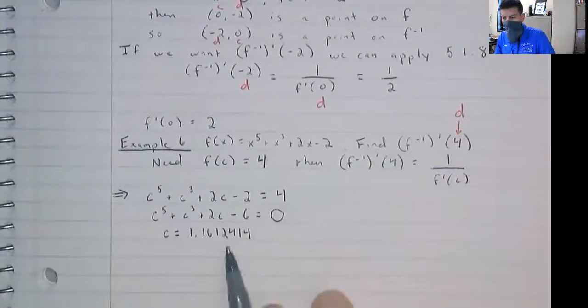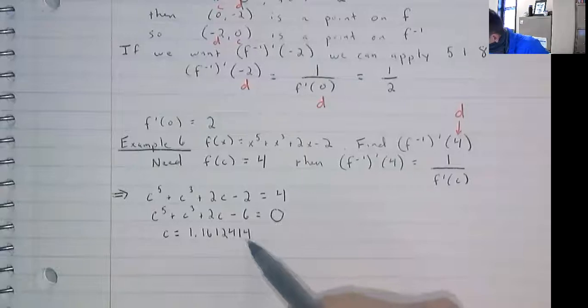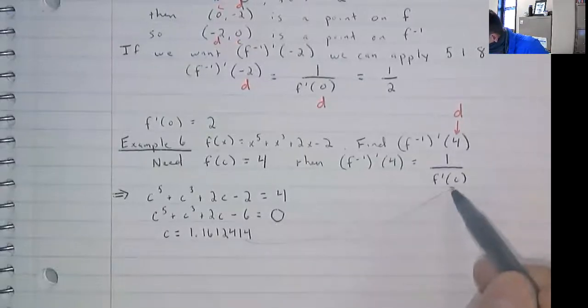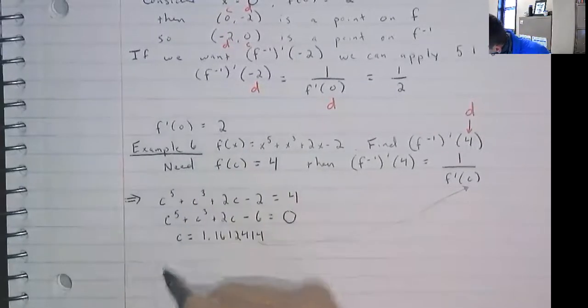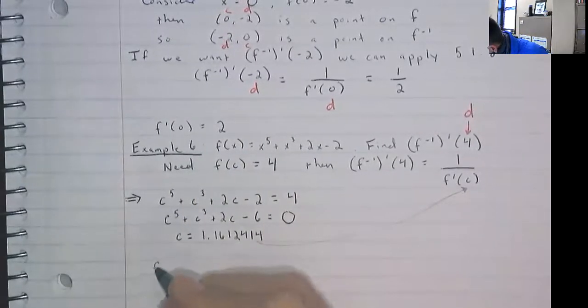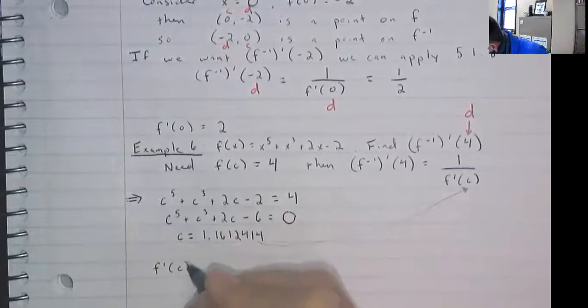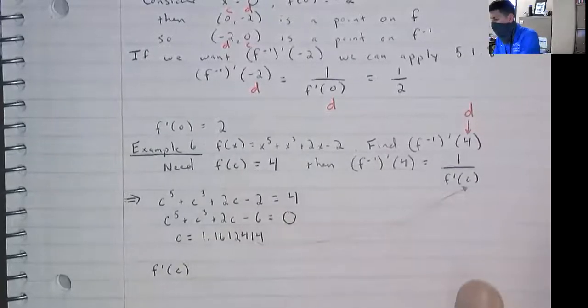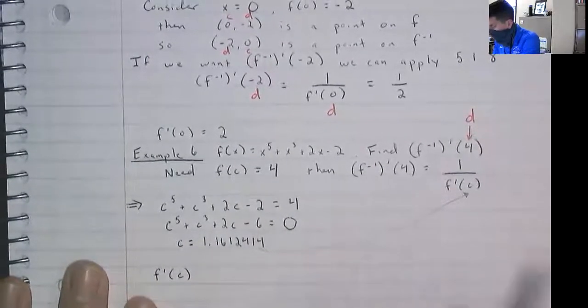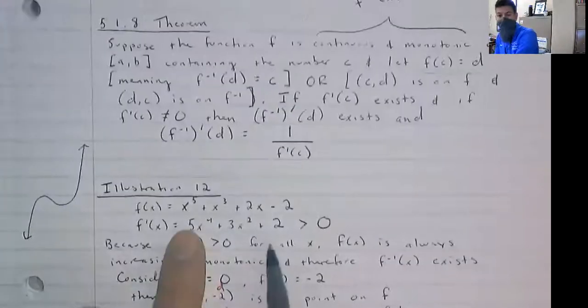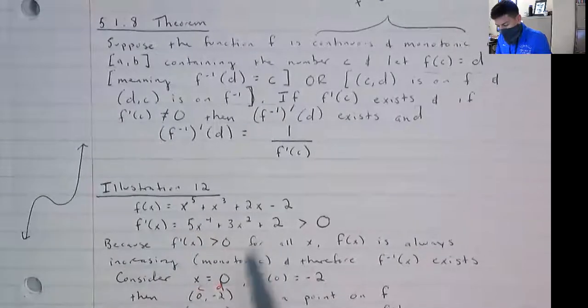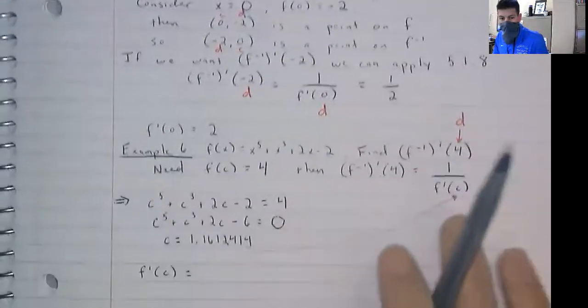So this is the c value that we will then use over here. So we want f prime of c now. That's kind of nasty because f prime of x is this guy up here. But we do have a graphing utility.